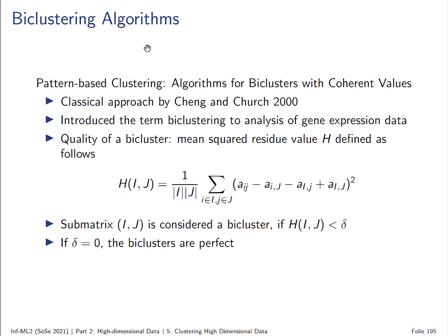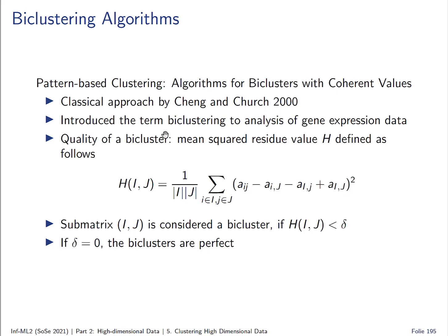So here are biclustering algorithms for biclusters with coherent values. They are also called pattern-based clustering algorithms. There is a pioneering approach by two authors, Cheng and Church, in 2000, already 20 years ago.